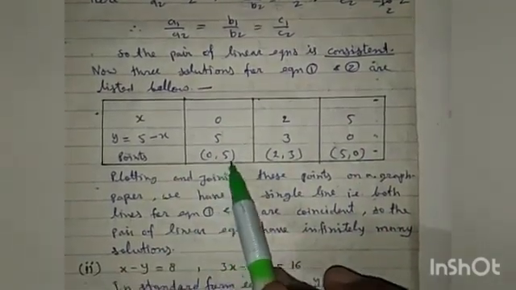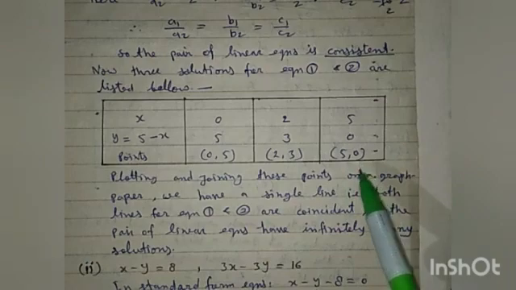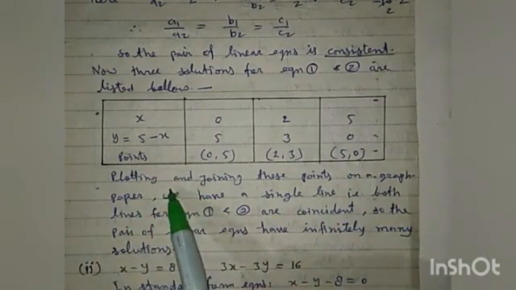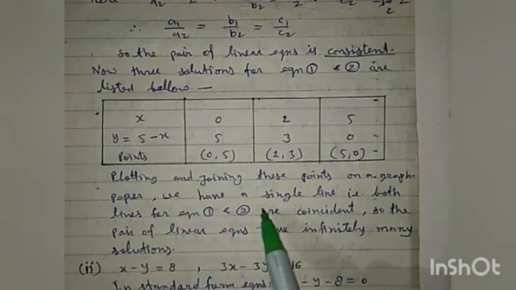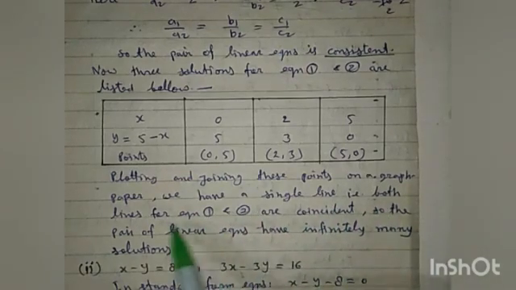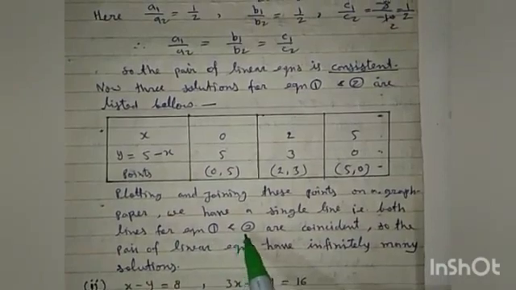So the points are (0, 5), (2, 3) and (5, 0). Plotting the points and joining these points on a graph paper, we have a single line. That is, both lines for equation 1 and 2 are coincident. So the pair of linear equations has infinitely many solutions.